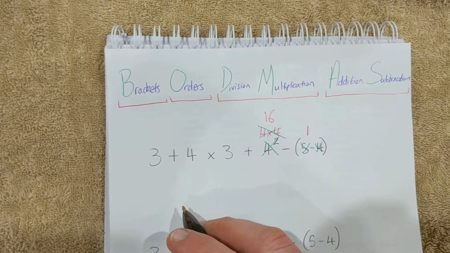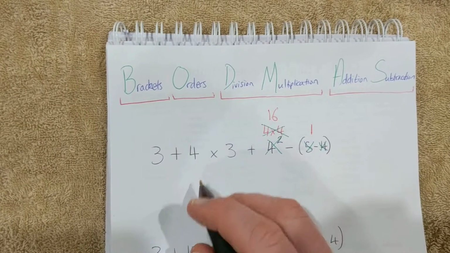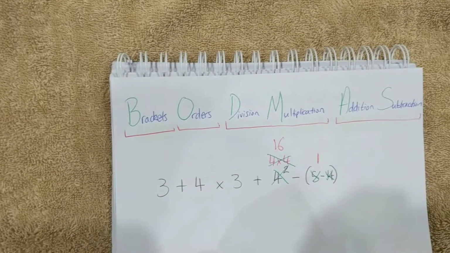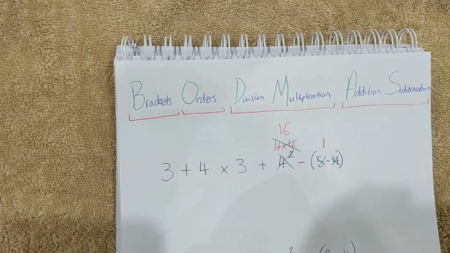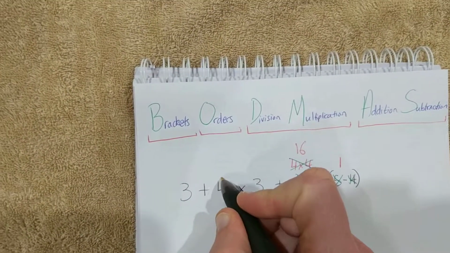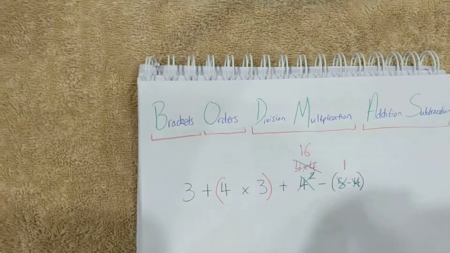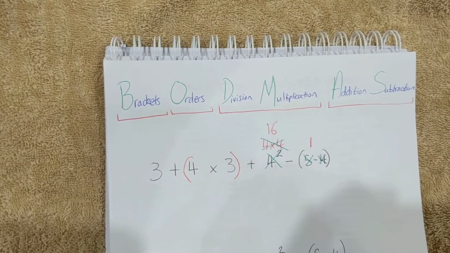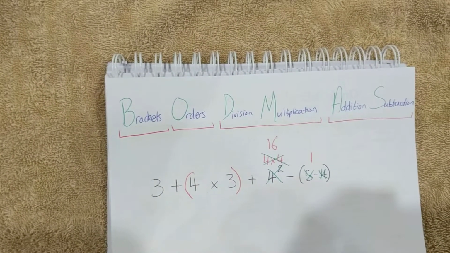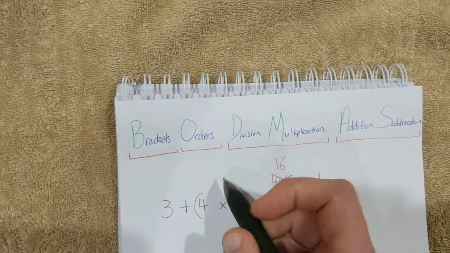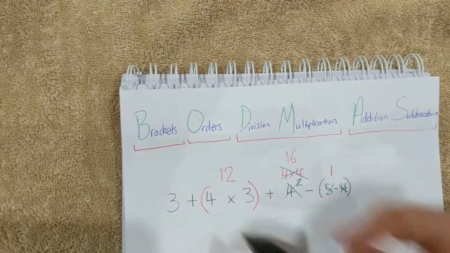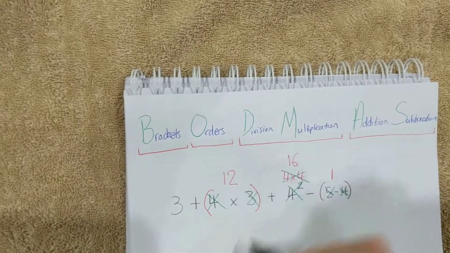Doesn't look like there's any division in this particular one, so I can just ignore that. Now what I like to do is add my own brackets in, so it's really clear that I'm focusing on just this one now. And you can do that to help you if you want. Add your own brackets in to make sure you're doing them in the right order. So 4 times 3 is 12.